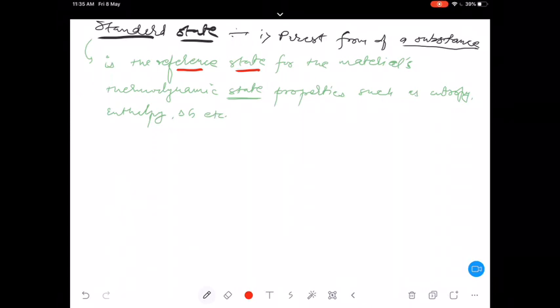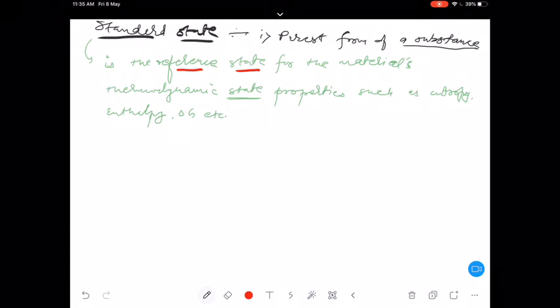Just pay attention, because this particular part of standard heat of formation or standard state itself will be very useful in various other chapters, particularly when we discuss electrode potentials for halogens or various periodic properties. This part will be very useful.